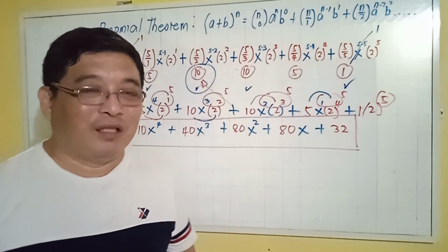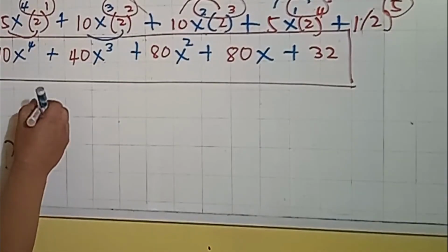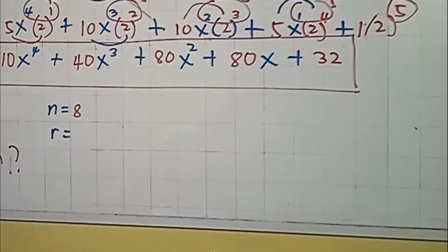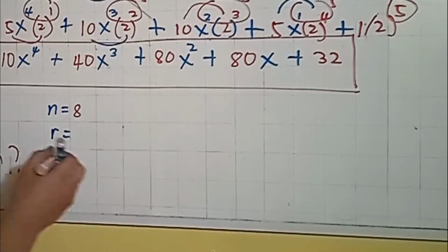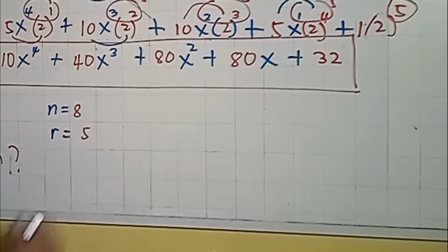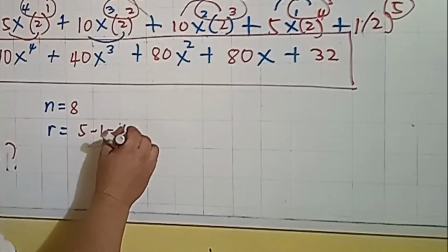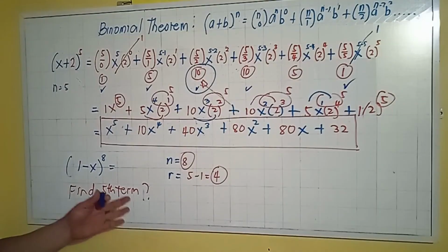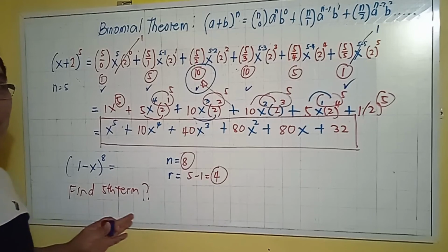So, in this case, yung n is equal to 8. How about yung r? R is equal to, kung ilang term siya, we are looking for the fifth term, minus 1 is equal to 4. Kasi nga, di ba, nag-start tayo ng bilang sa 0, kaya magma-minus 1 tayo.